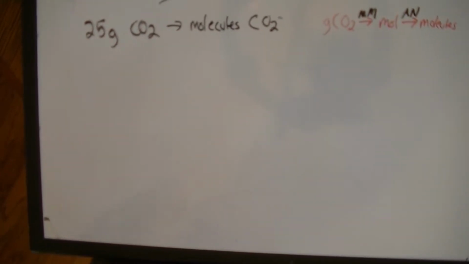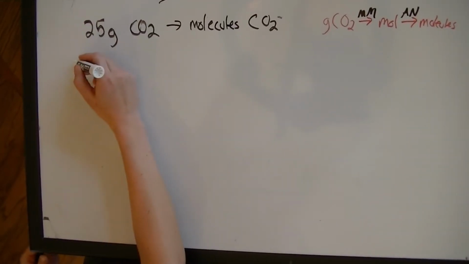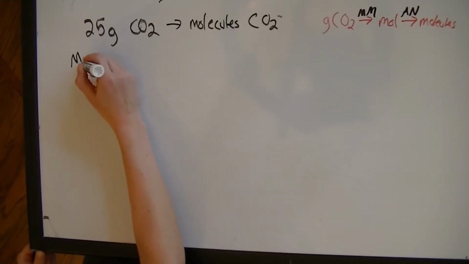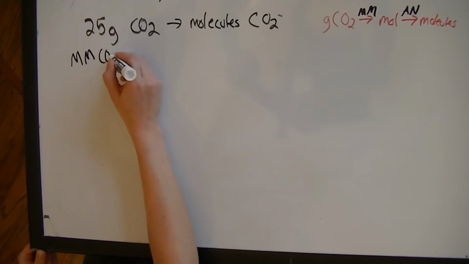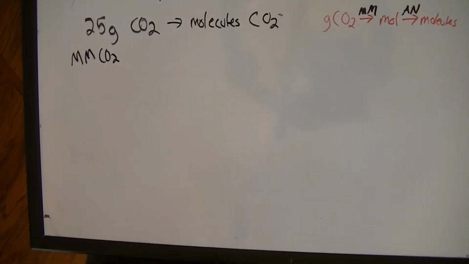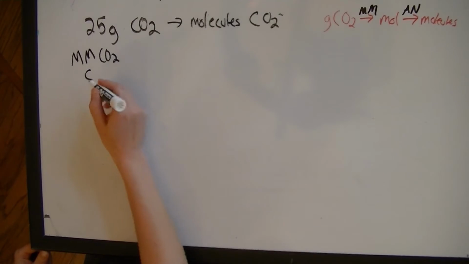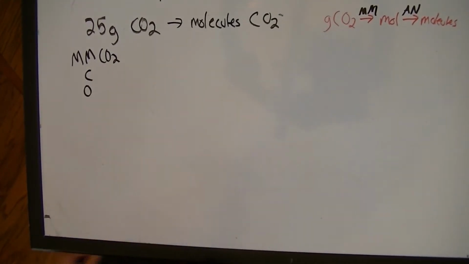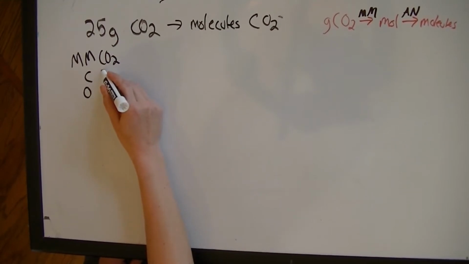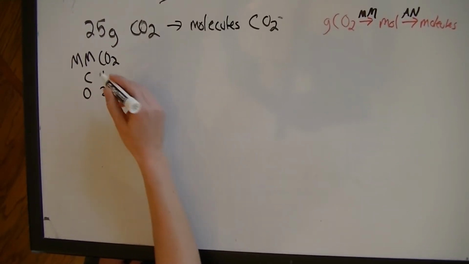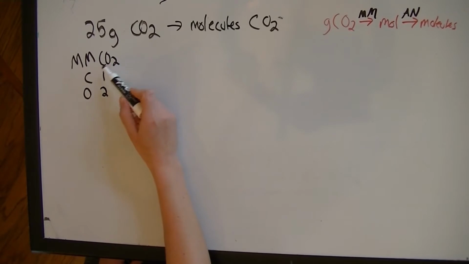So over here in the corner, I am going to calculate my molar mass of CO2. And remember, to calculate molar mass, we make a list of every element present, carbon and oxygen in this case. We then write how many atoms of each element are present. So these numbers here I just simply got from the subscripts.